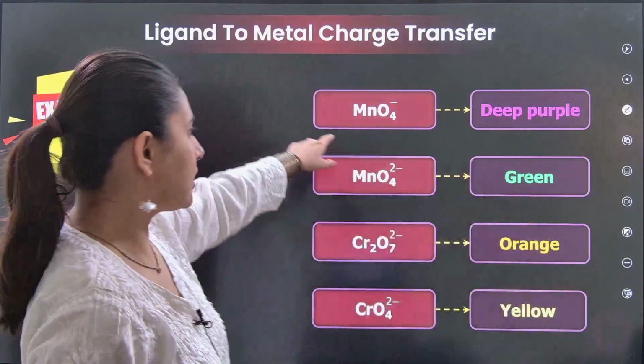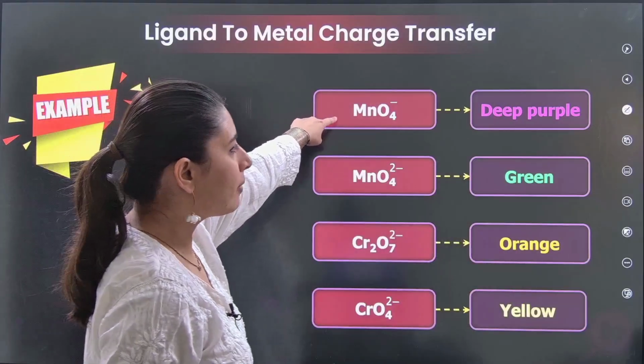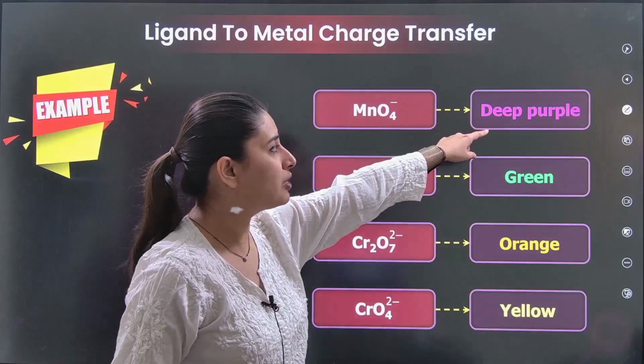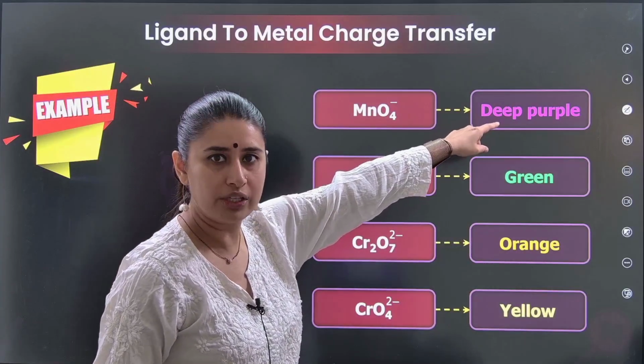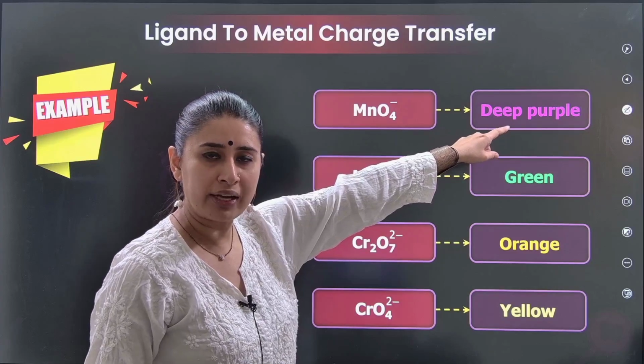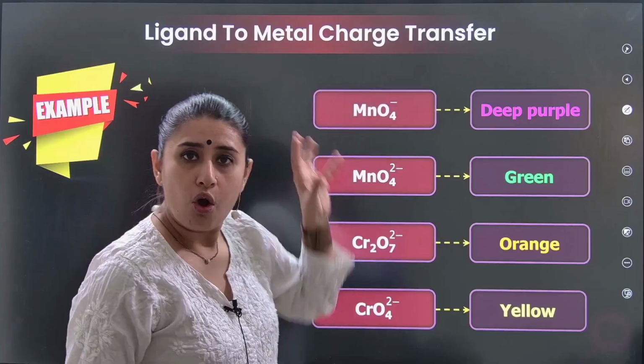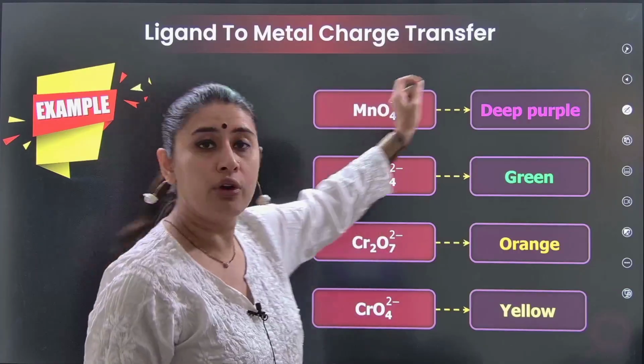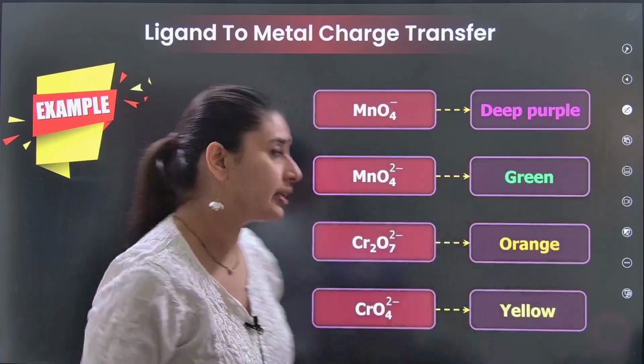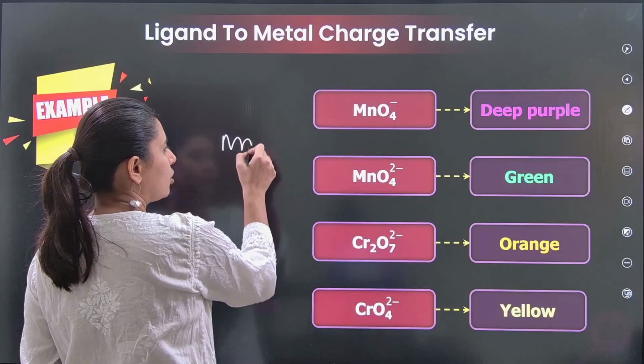Like what you see for KMnO4, potassium permanganate is deep purple in color. You only told me the color of the potassium permanganate now. How is the color coming? You have MnO4 minus. How does the structure look like?